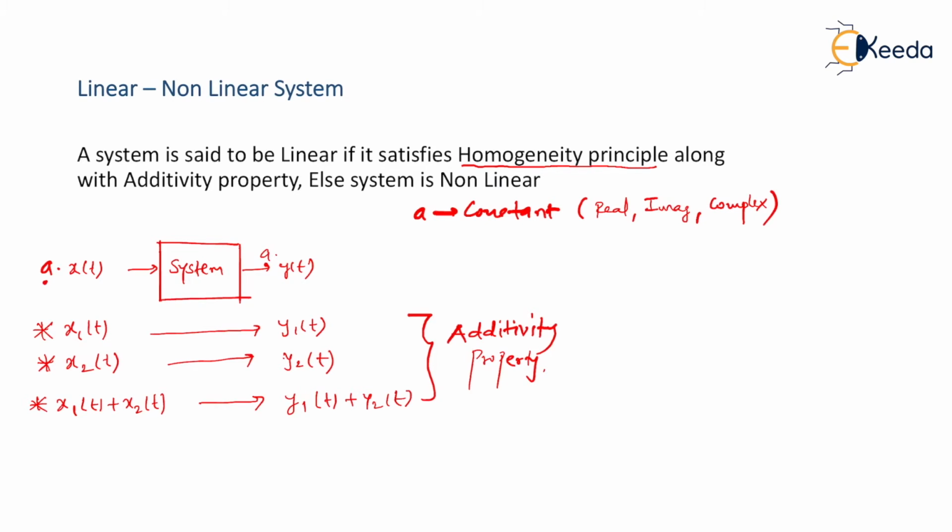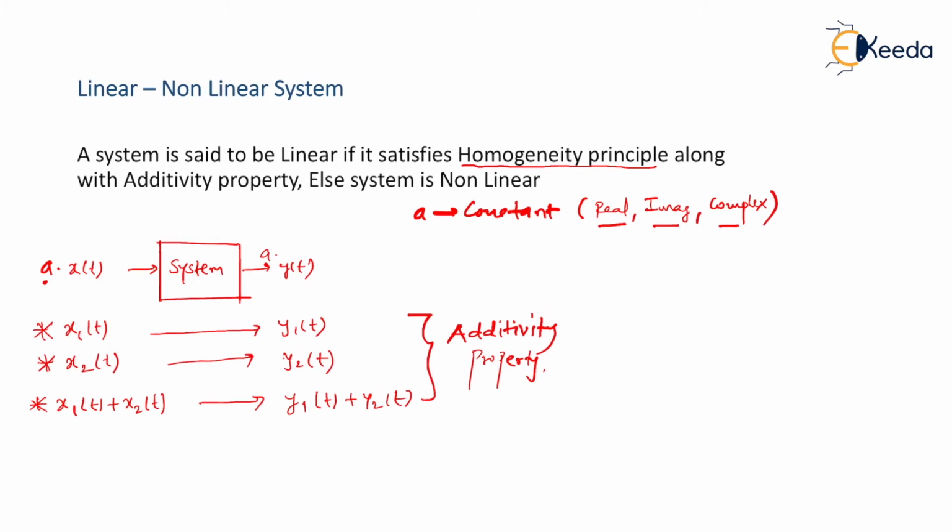So if this homogeneity principle is satisfied for all these three types, that is real value, imaginary value as well as complex value, then only would I say that a system is satisfying the homogeneity principle. So a system should satisfy the homogeneity principle along with the additivity principle, then and only then is a system said to be a linear system, else the system is non-linear.